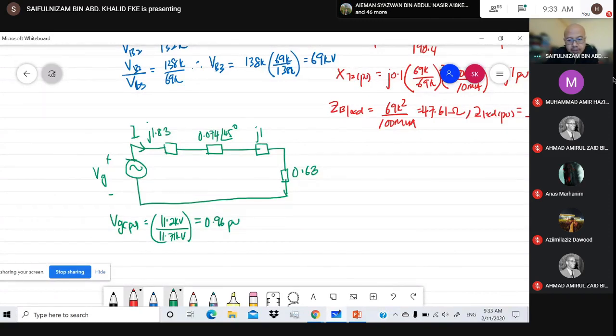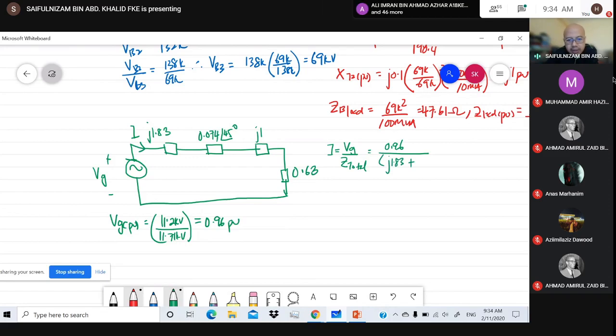Okay, now the current equals VG divided by Z total, right? So 0.96 divided by the Z total. So j1.83 plus, this one you change into rectangular.